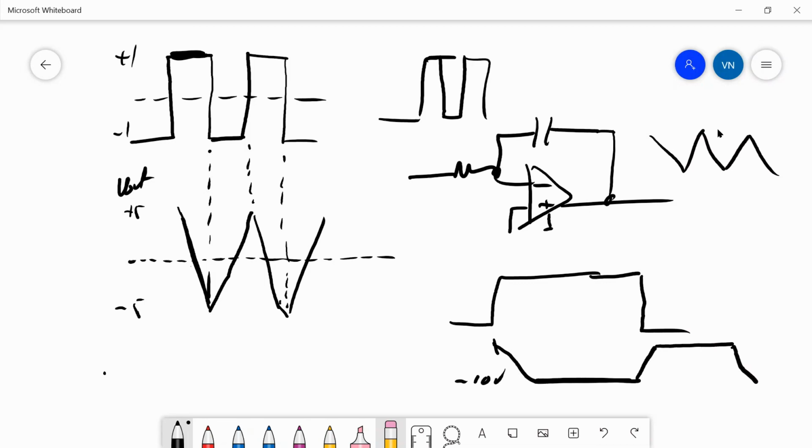So if the frequency you're putting in is too slow, you won't get a triangle wave. You'll get a rise and fall to an upper and lower limit, which is not a square wave, but not a triangle wave either. So you have to balance. If you want to make a square wave to triangle wave generator, you have to run the input square wave fast enough so that the capacitor does not charge to the maximum voltage that the op-amp can provide.